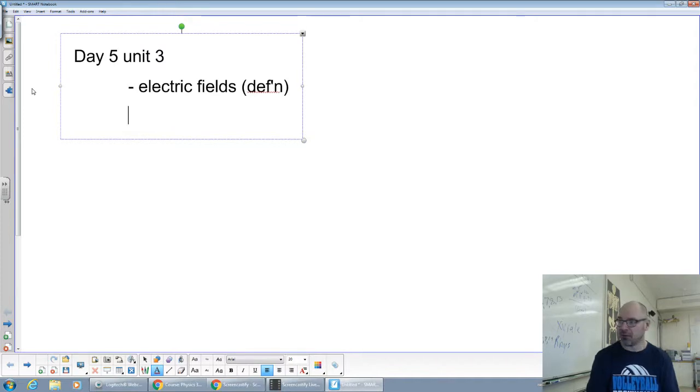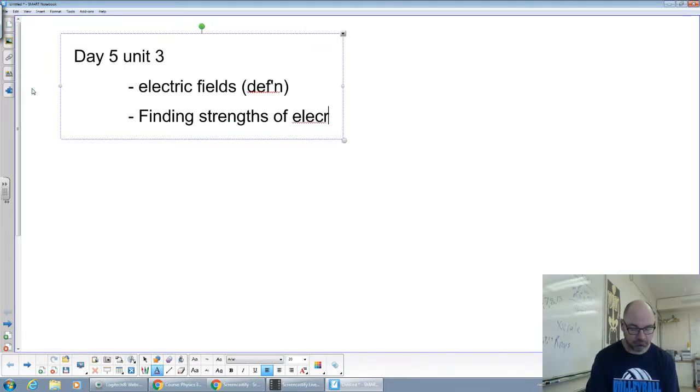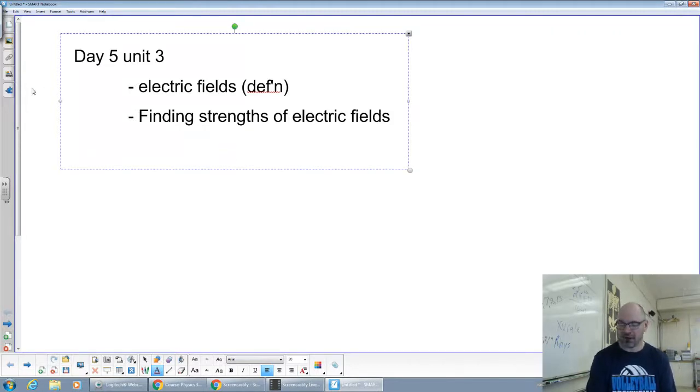The other thing we're going to look at is finding strengths of electric fields. And we use positive test charges for that. And then we're going to be looking at finding electric fields around a point charge, strengths of that. Or we'll say combining electric fields and Coulomb's law, because that's what we're really going to do.